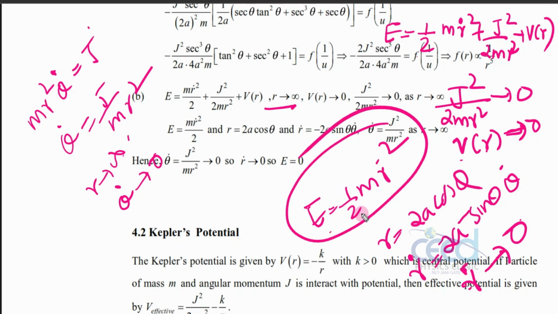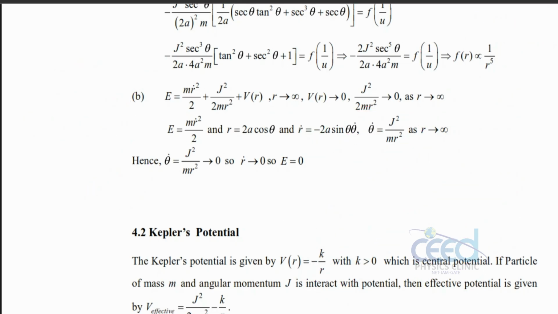Finally, the remaining radial part of the energy is half m r dot square only. r dot tends to 0 means energy also tends to 0. So the answer to the second part is that the energy tends to 0. This is all about this section.